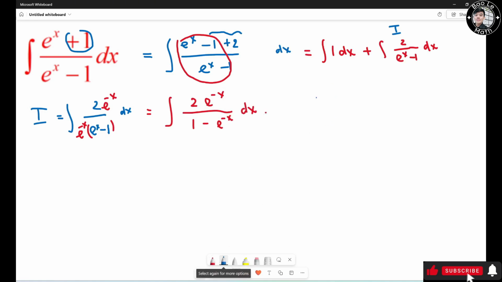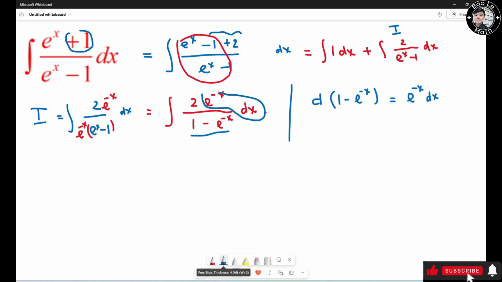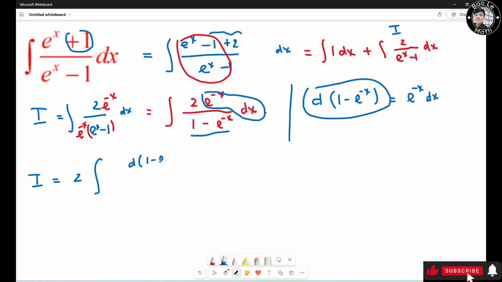Now, side note, look at the bottom right here. If I take the derivative of the bottom, 1 minus e to the negative s, I have e to the negative s ds. So basically I just replace this with this. So I equals, bringing 2 to the front, the integral of d of 1 minus e to the negative s over 1 minus e to the negative s.